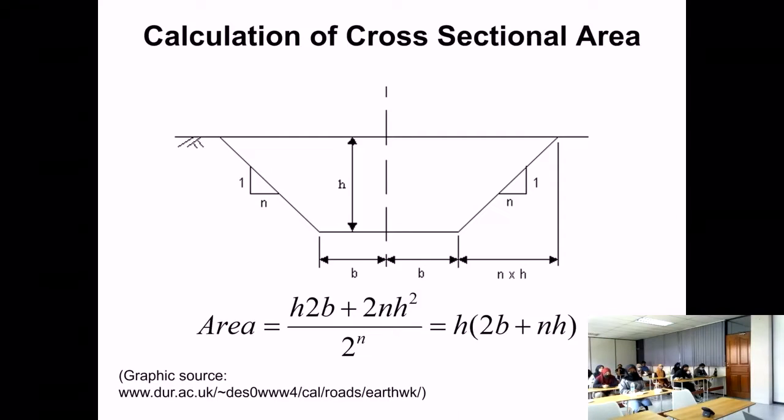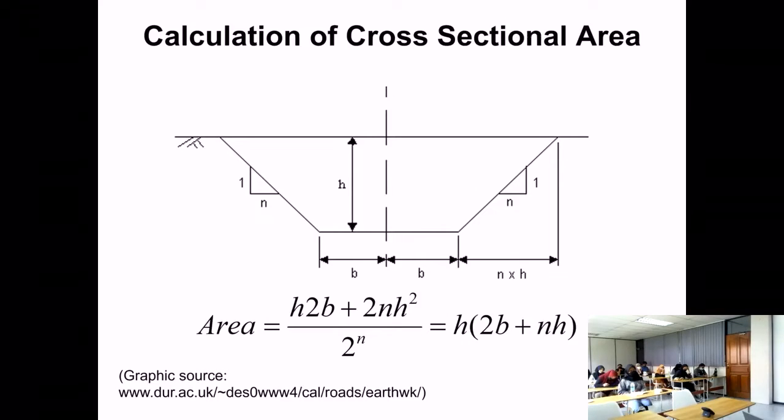Okay, remember just now we need to calculate the cross section for us to be able to calculate the volume. This is the principle. You can find this technique online, from any textbook related to soil or earthwork operation. Just to give you a quick idea of the mathematics or mechanics of this calculation.